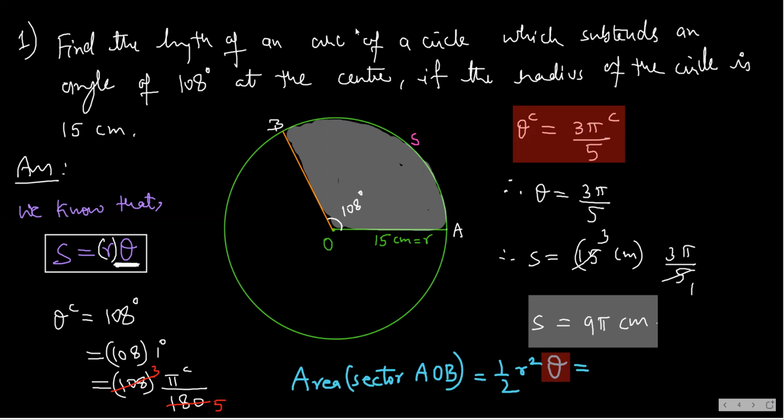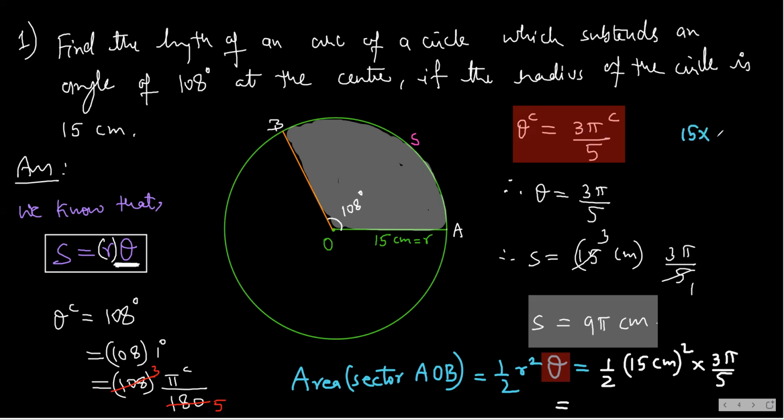So here I would write, so the area I will get 1 upon 2 r square. R square is 15 centimeter square. And then what is theta? Theta was 3 pi by 5. So you can now do the calculation. This is 15, so 15 square it is. I'll first simplify here and then write the answer.